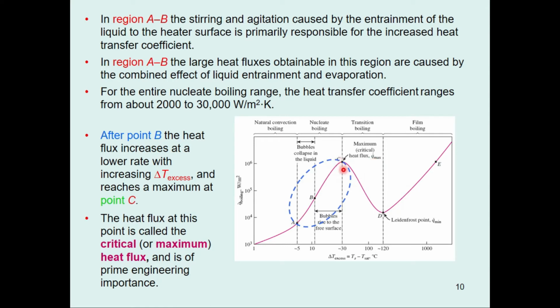And this value has great importance in the design of heat exchangers, when we design evaporators or heat exchangers. So this point is very important, which is known as the critical heat flux or the maximum heat flux. It means that the maximum energy is being transferred from the heating surface to the liquid which is boiling in that particular pan or container.